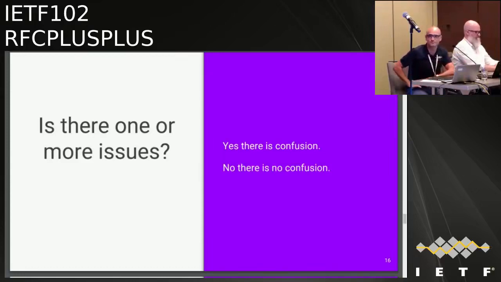Dan Bogdanovich. So you said, is there one or more issues? I see some of the issues with the RFCs myself, but I would be really curious to see what other people have, what their issues with the RFCs are.